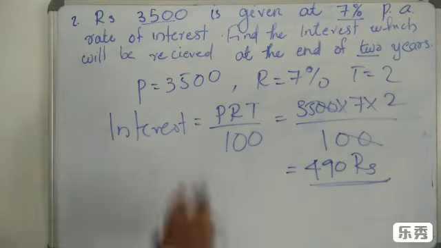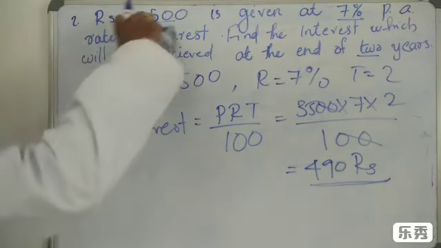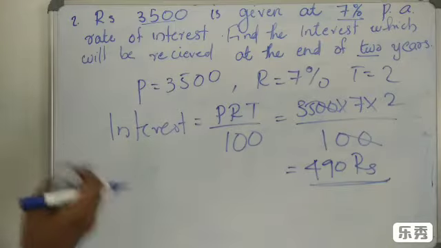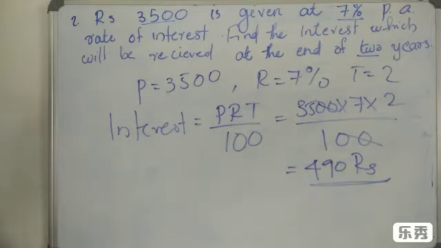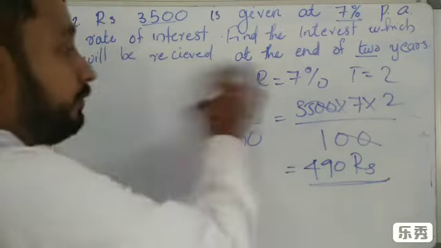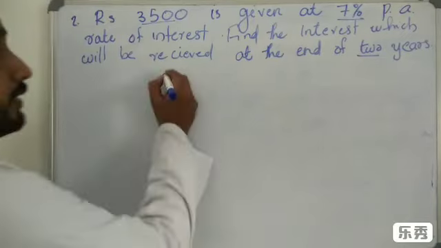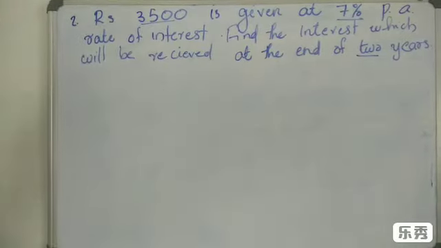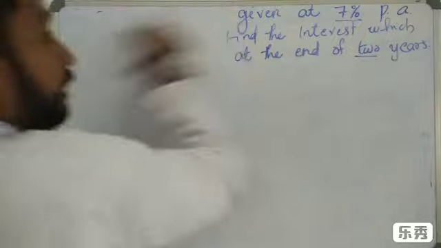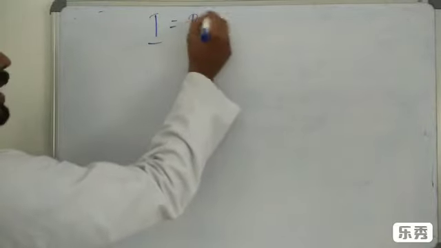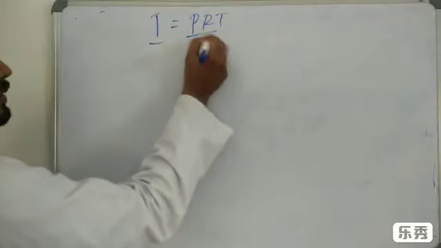Now this is interest. Then if we borrow some money or deposit some money, what amount do we have to give back? So we have to find the amount. We know how to find the interest: I is equal to PRT by 100.